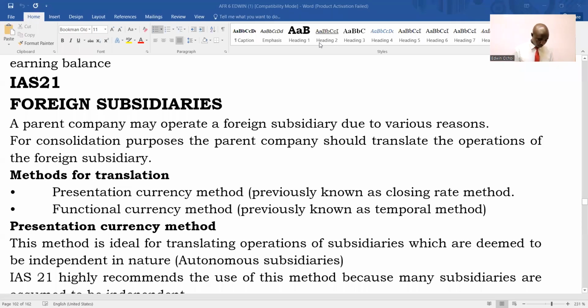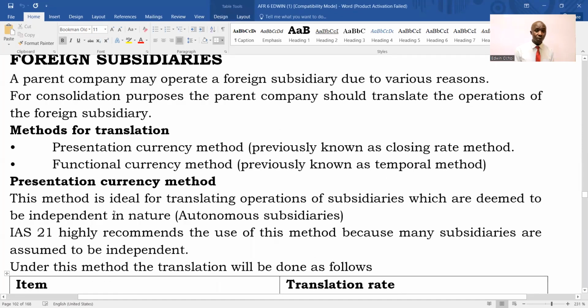Most subsidiaries are independent in nature. So International Accounting Standard 21 highly recommends the use of this method because many subsidiaries are assumed to be independent in nature.